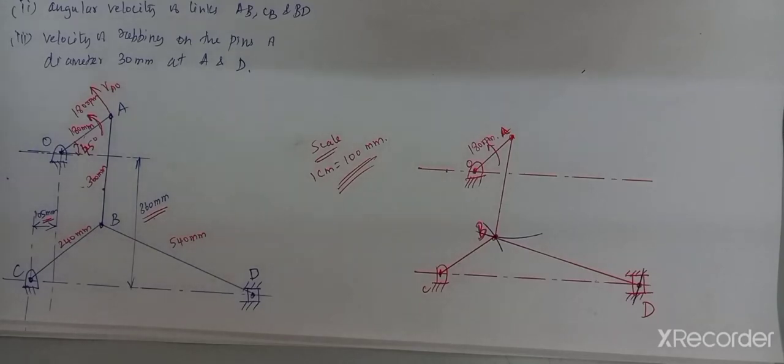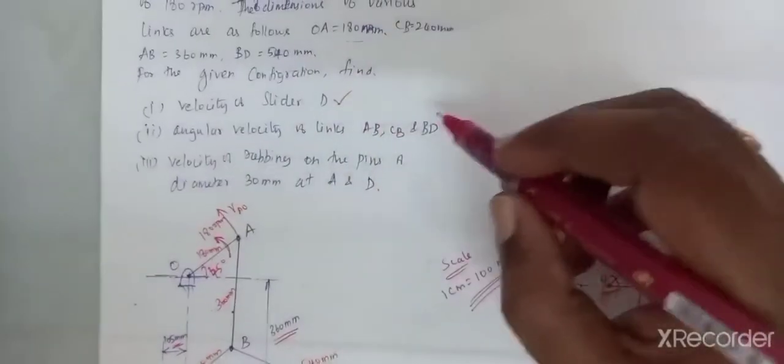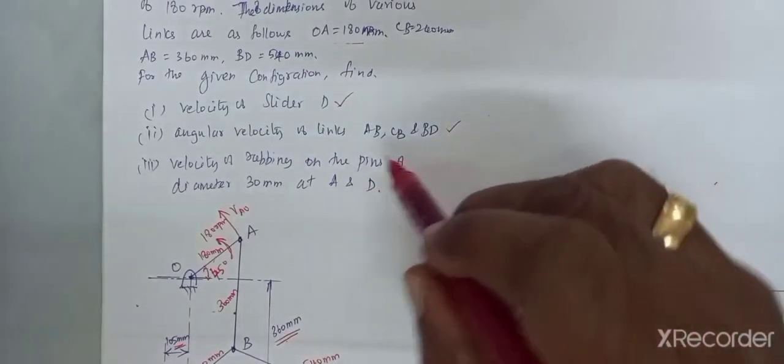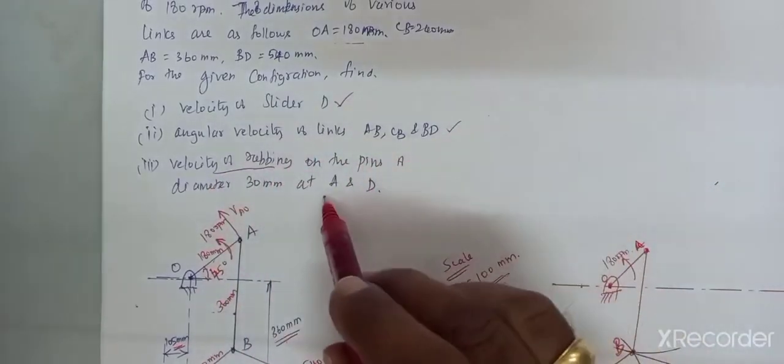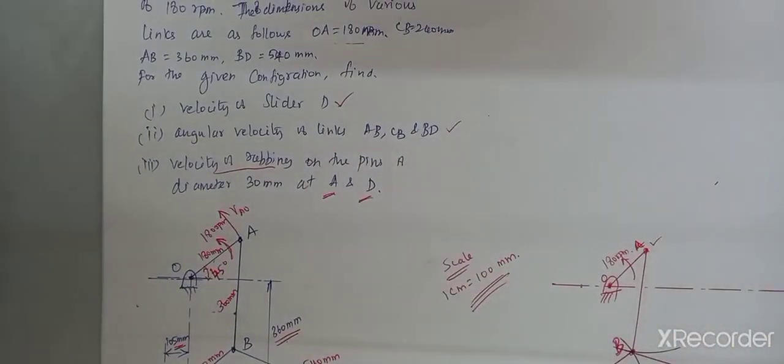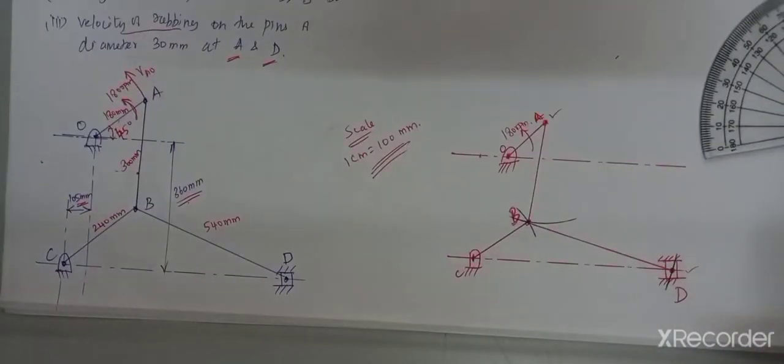Now we are going to calculate the velocity of slider D and the angular velocity of all the links AB, CB and BD, and the rubbing velocity of pin joints at A and D. So at this point A and this point D, we have to calculate the rubbing velocity, which we will see now.